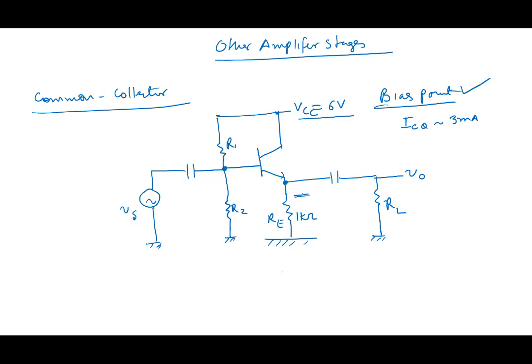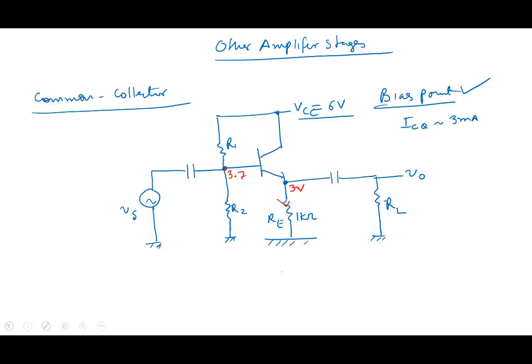So this is a particular design I'm describing, just so that you get an idea about the numbers. Say I design it for 3 volt here, so that we get a 3 milliampere current here. If this is 3 volt, this becomes 3.7, and we have 6 volt here, right?